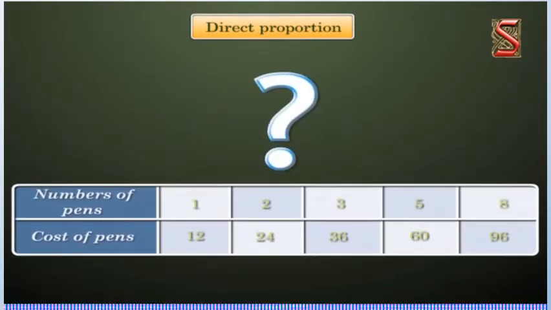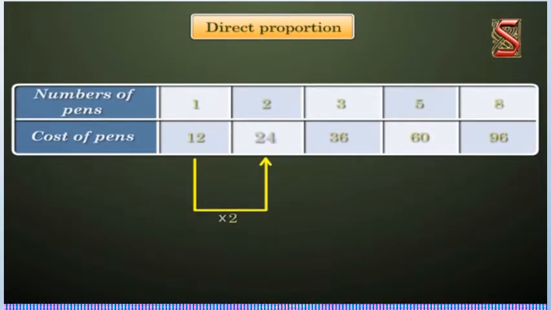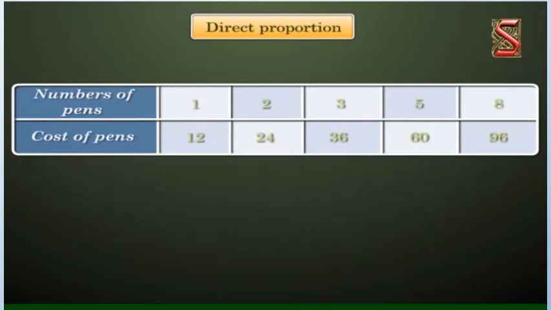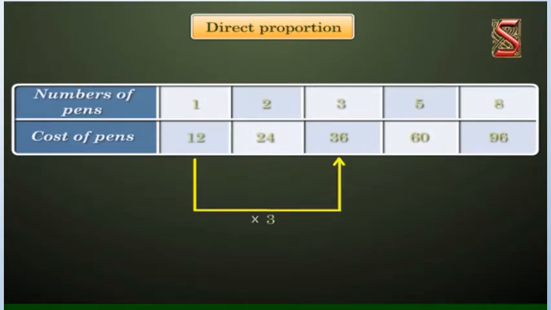What do you notice? To find the cost of 2 pens, we multiply 2 with 12 to get 24 rupees. To find the cost of 3 pens, we multiply 3 with 12 and get rupees 36. Also, to find the cost of 5 pens, we multiply 5 with 12 and get 60 rupees. Similarly, to find the cost of 8 pens, we multiply 8 with 12 and get rupees 96.